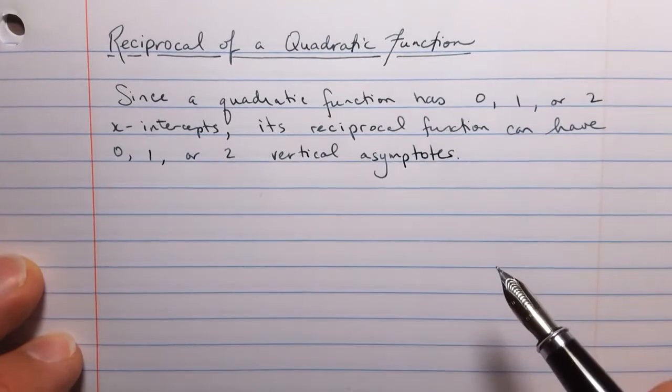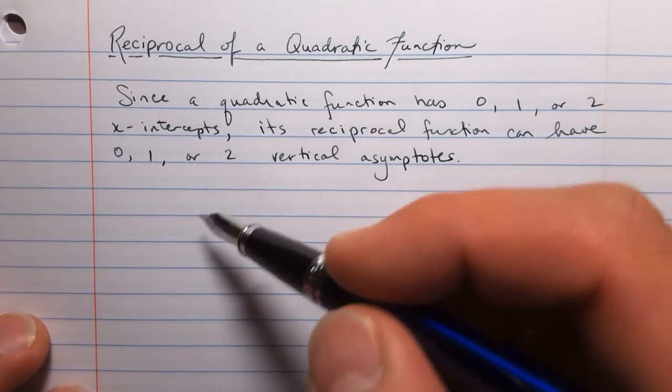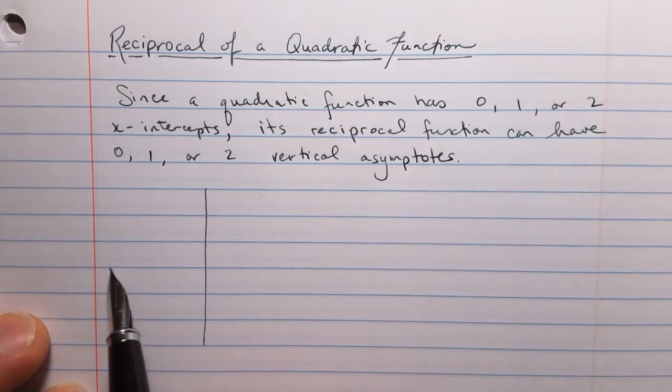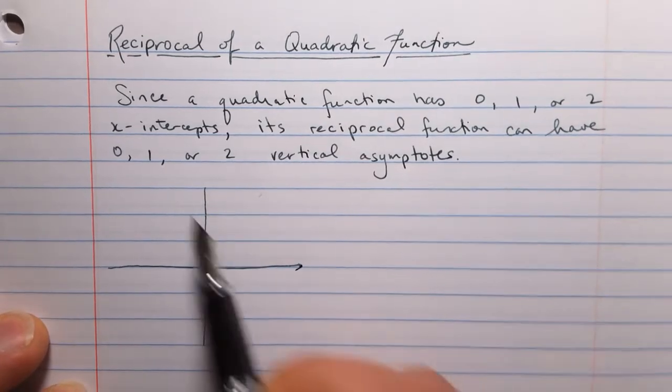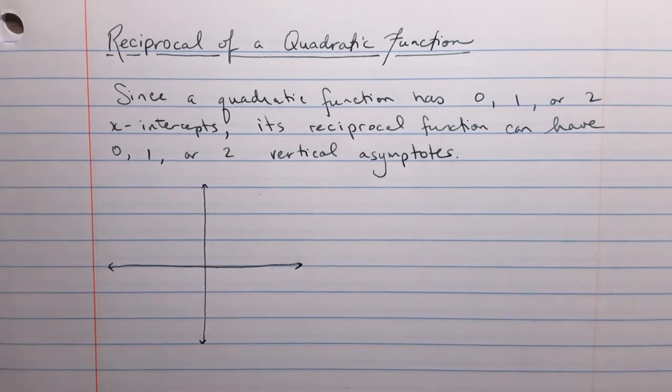And I'm just going to draw a few quick sketches of what that can look like. So I'm going to show you what 2 vertical asymptotes looks like first. And then we're going to get into how the equations work out.